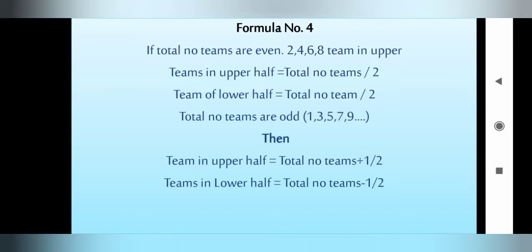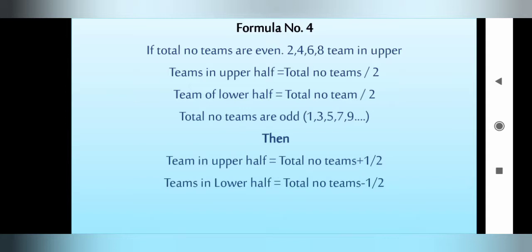Teams in the upper half is equal to the total number of teams upon 2. This applies when the even numbers are not powers of 2, like 6. So we use this formula for even numbers to know how many byes we are giving in the upper half and lower half, and also how many byes are given in all in the tournament.